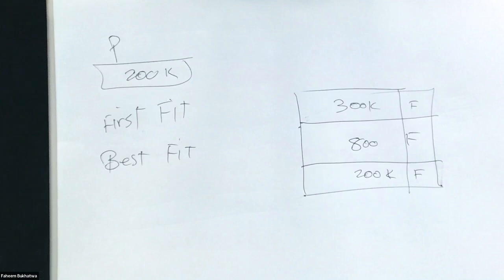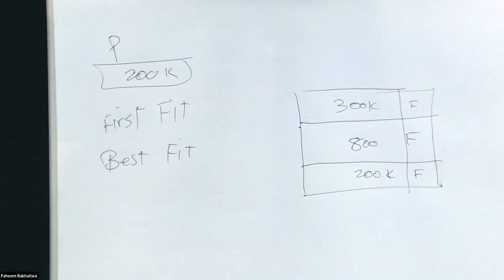If our program needs 290K, which one of these will be the best fit? The top one. But if we chop 290 out of this one, that will leave us with fragments. So the best fit always tends to leave you with lots of fragments because you're always looking for the smallest one that fits. And the smallest one that fits will give you only a tiny little space.